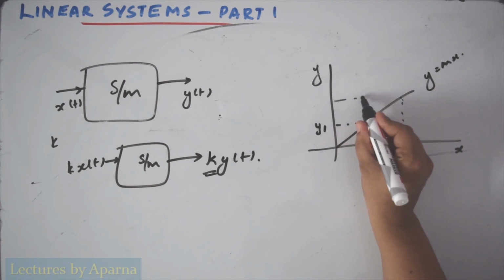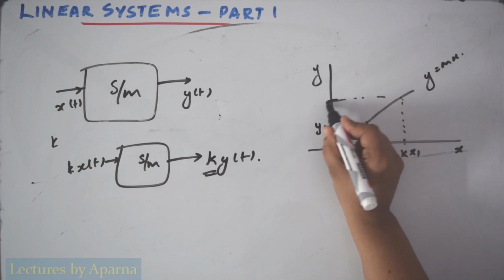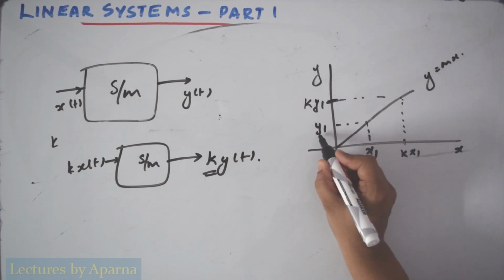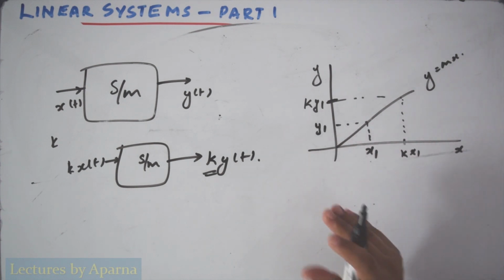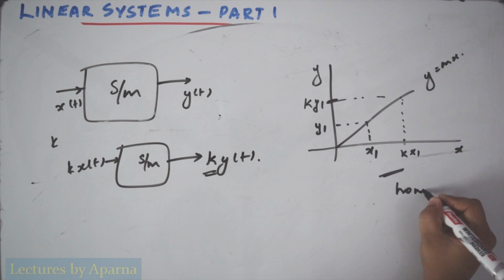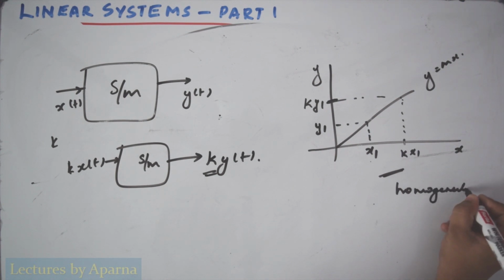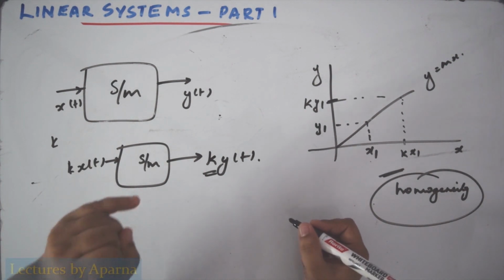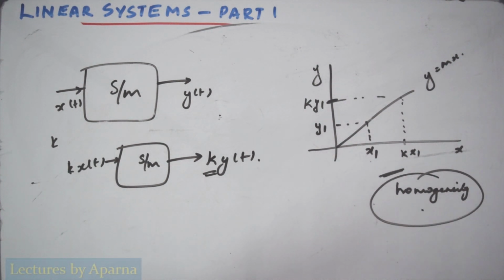Corresponding to this input, I will have an output, and if this output is k times this y1, then we can say it is obeying the homogeneity property. So linear systems will obey the homogeneity principle. One condition for a system to be linear is homogeneity.